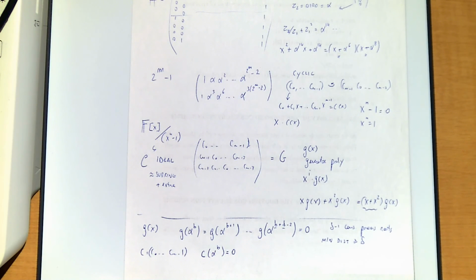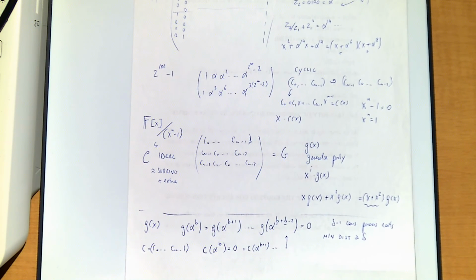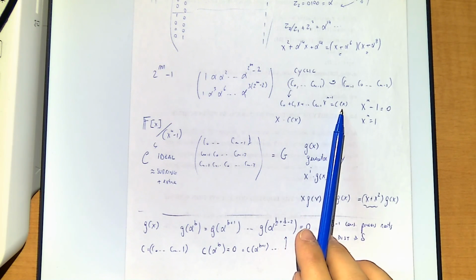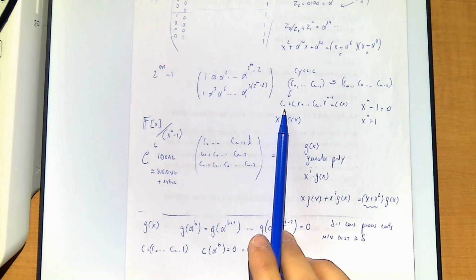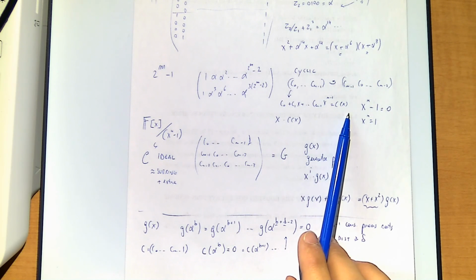Because remember, words now are polynomials, so evaluating means multiplying, and the same happens for c in alpha to the b plus 1, and so on all the way up to here. But again, if you imagine that this is your polynomial, what does it mean to evaluate in alpha? It means that you replace x with alpha, right? So you're doing c0 times 1 plus c1 times alpha plus c2 times alpha squared and whatnot.